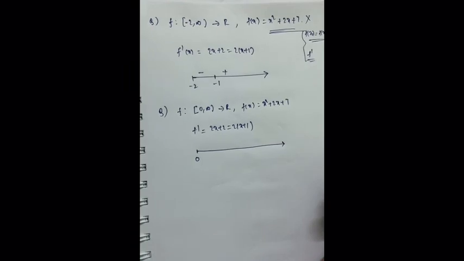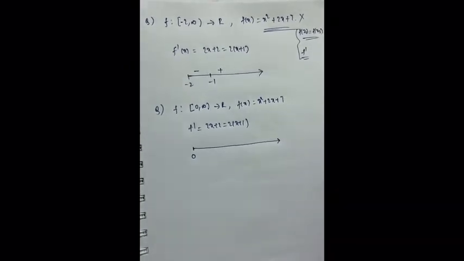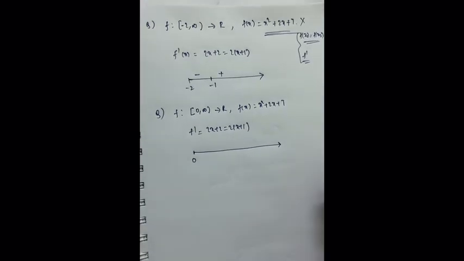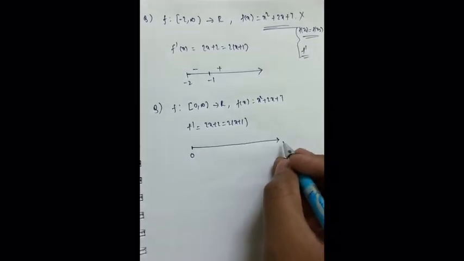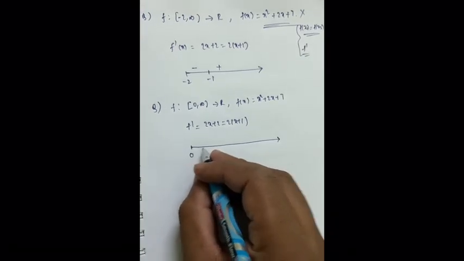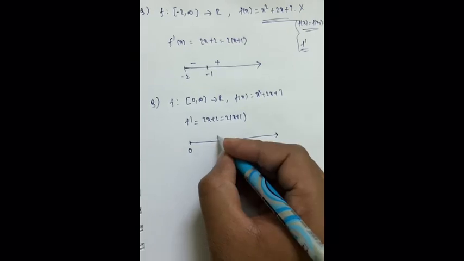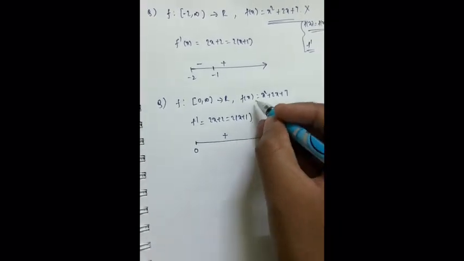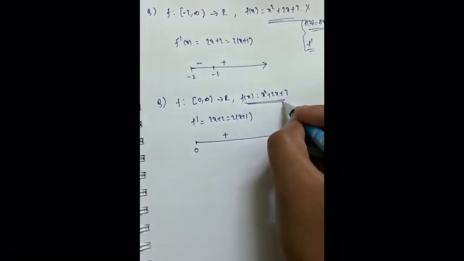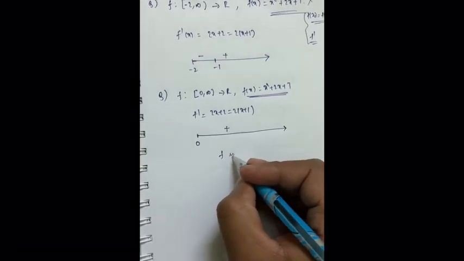No. So we are not going to mark any point on the number line, so there won't be any sign change. In this part, f dash is always positive, more than 0. So f is always increasing in the domain, and if f is always increasing, then f is 1 1.